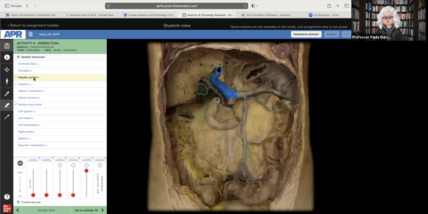The hepatic portal vein is going to send blood from your GI tract, from the digestive organs, as well as other abdominal cavity organs, to the liver.